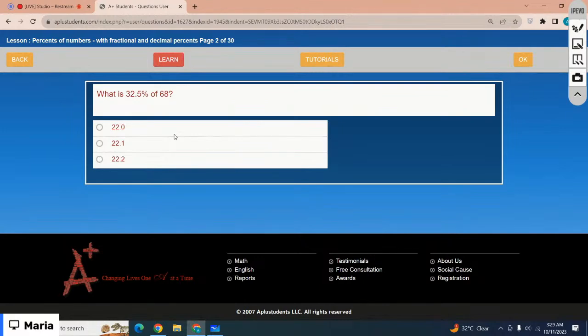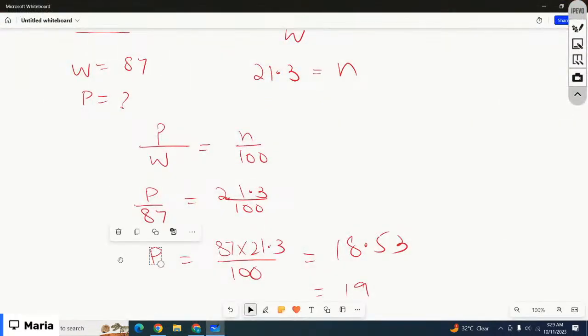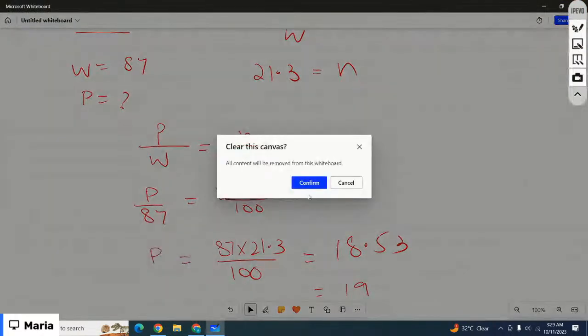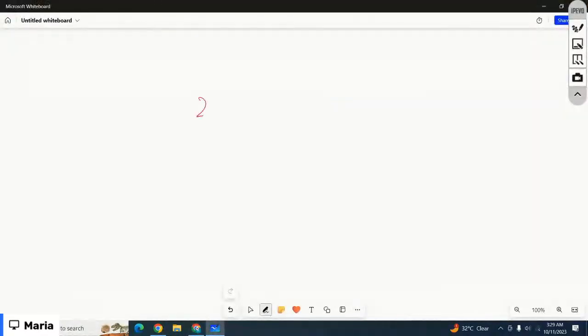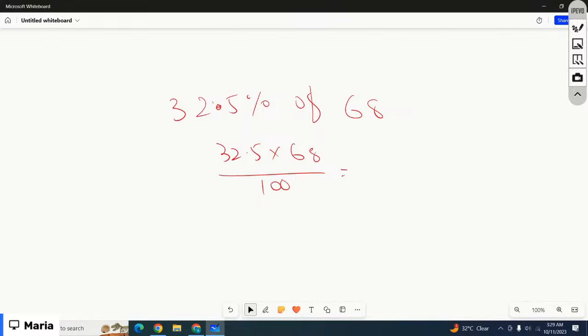One easiest way to do percentage is a short method, right? Let me just tell you. 32.5% of 68. Simply do 32.5 times 68 and divide by 100. Just do the calculations, right? You will get your answer.